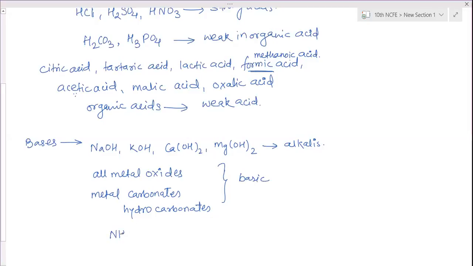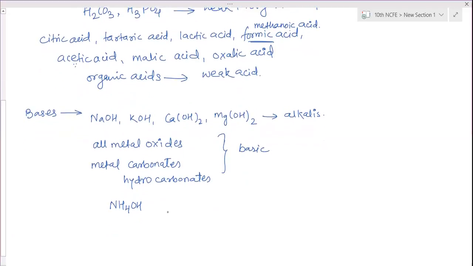There is one exception, that is NH4OH, ammonium hydroxide, which is prepared from a non-metal, but yet it is basic. Because NH3, ammonia gas, is neutral, but when it is dissolved in water, it forms NH4OH, ammonium hydroxide, and this again dissociates to form NH4 plus and OH minus.